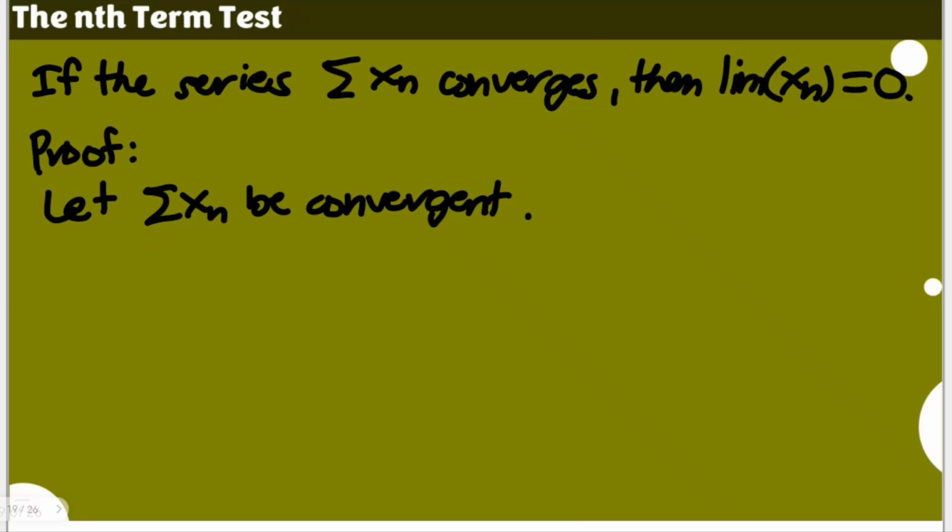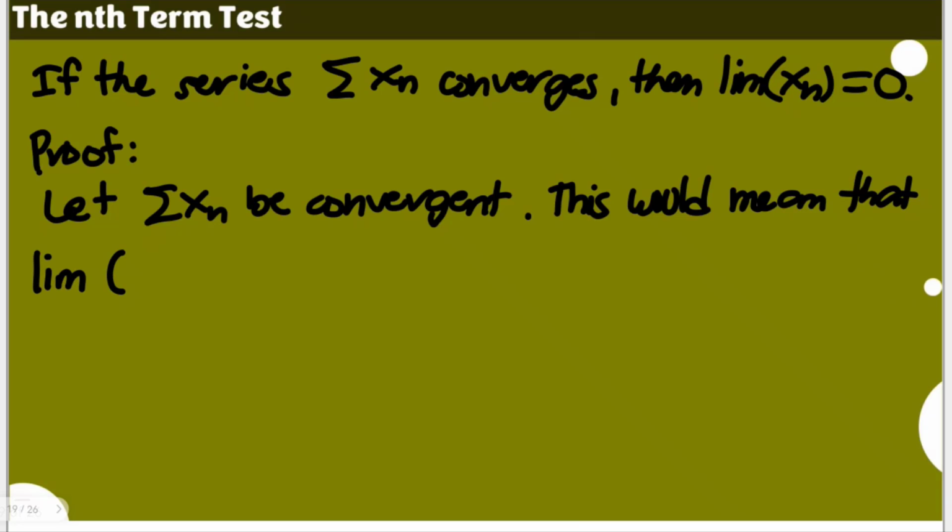This would mean that the limit of the series exists, since it's already convergent. Of course, if it's not convergent, then the limit doesn't exist. So this is just the first statement that we can draw.